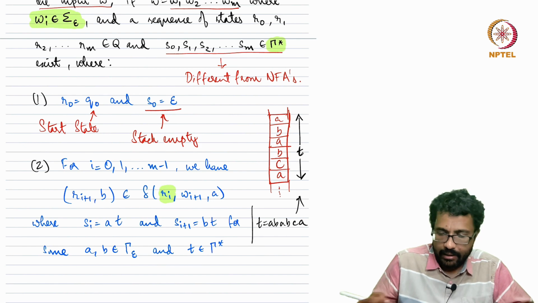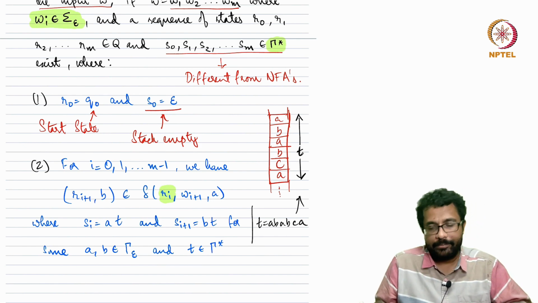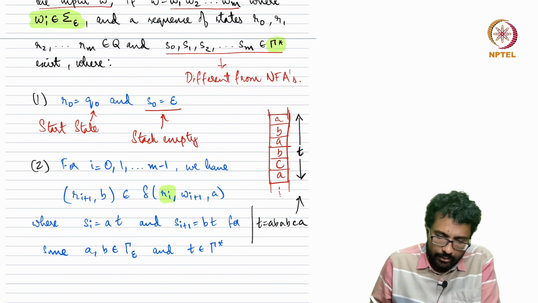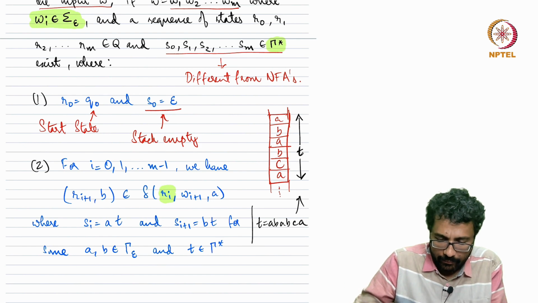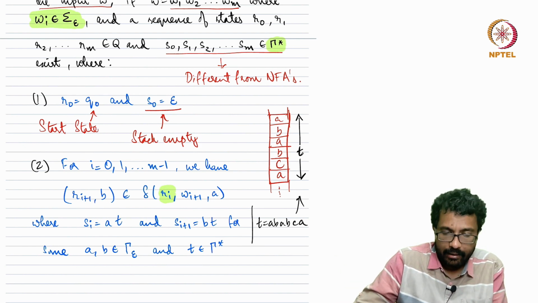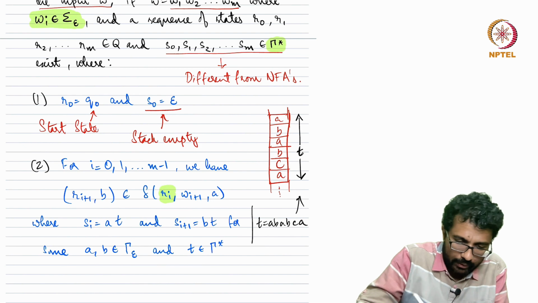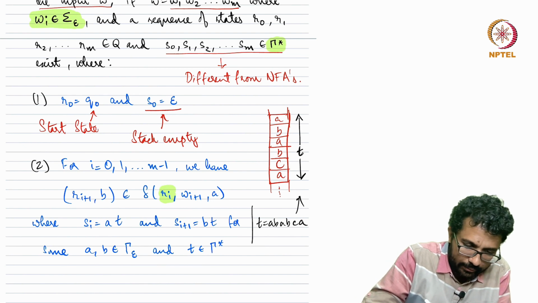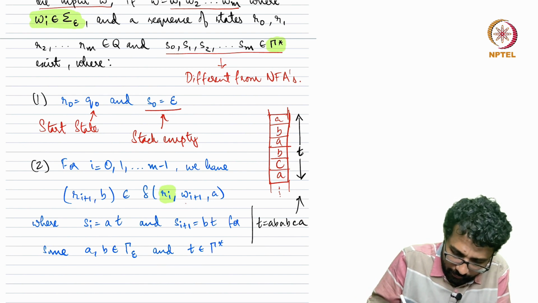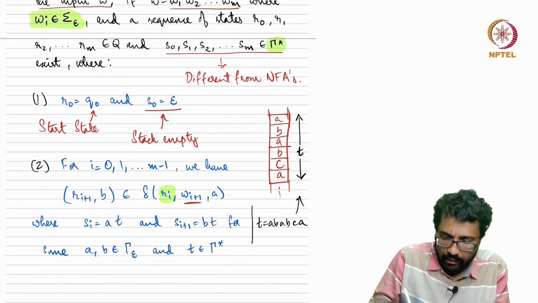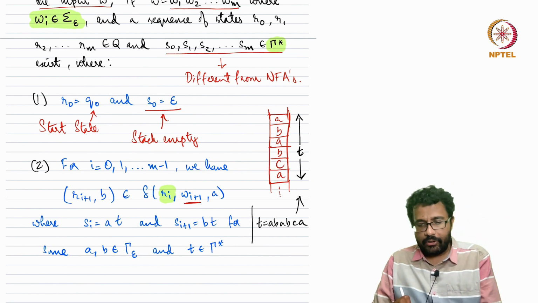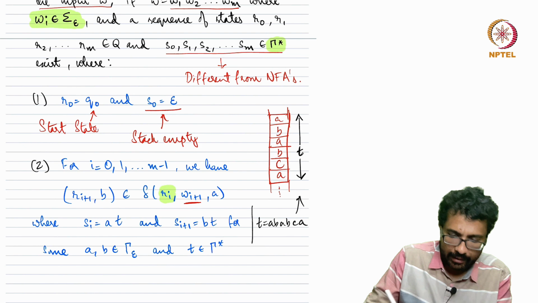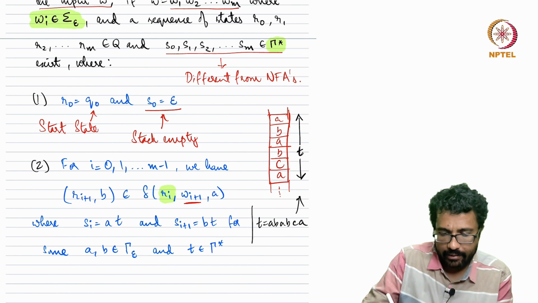Suppose T is what is already there, and Ri is the state that we are in, and the next symbol that we are reading is Wi plus 1, and let's say the top of the stack is A, which is actually the case here.